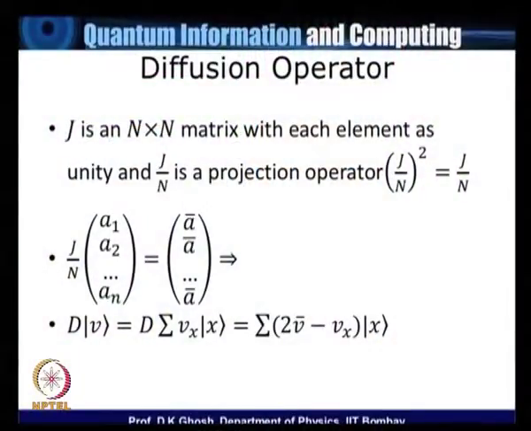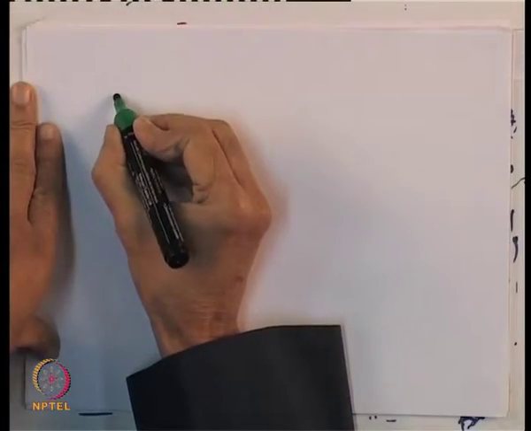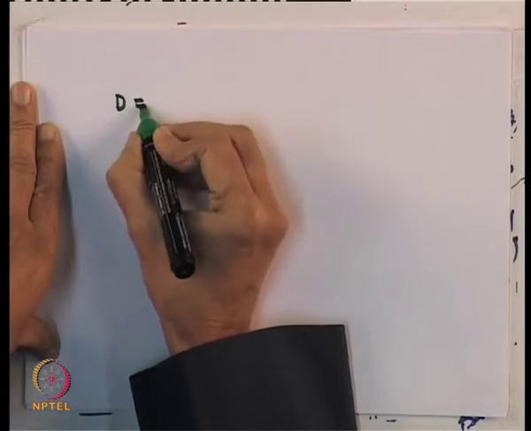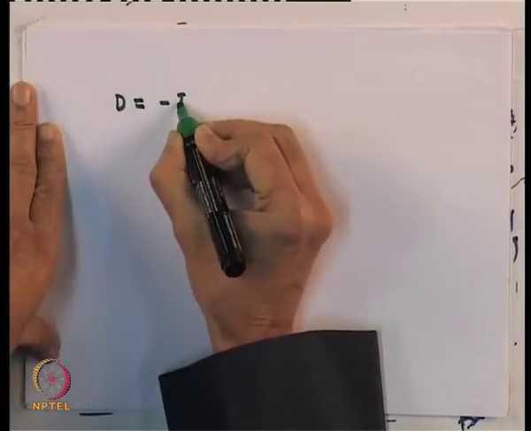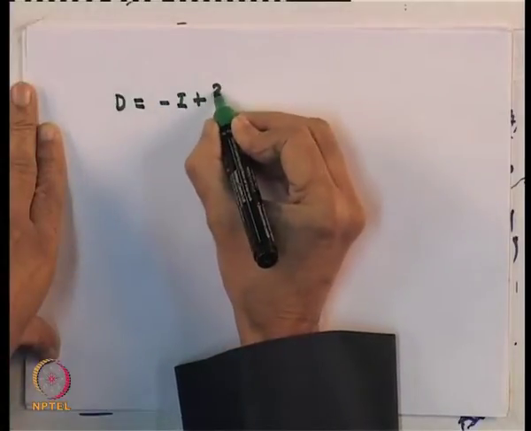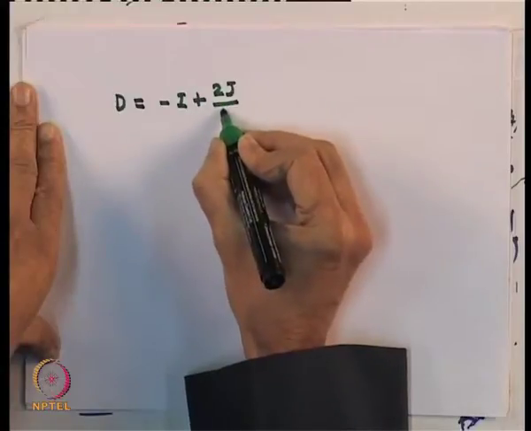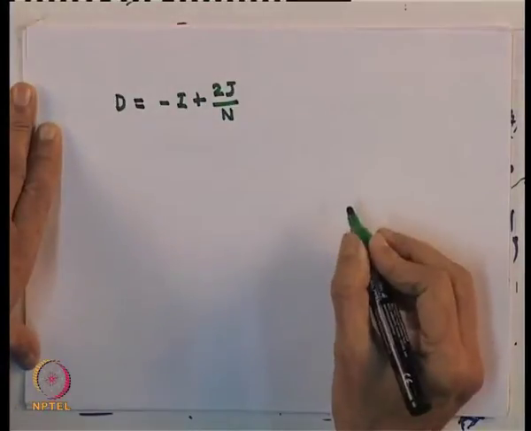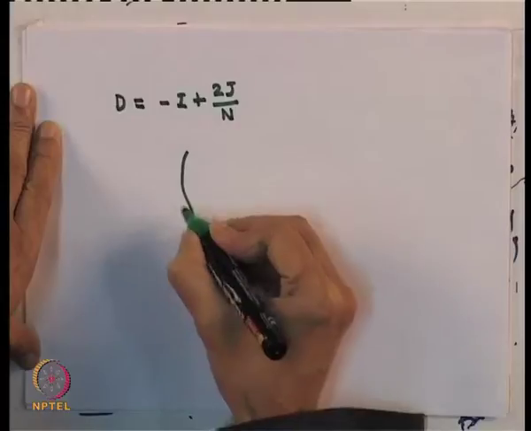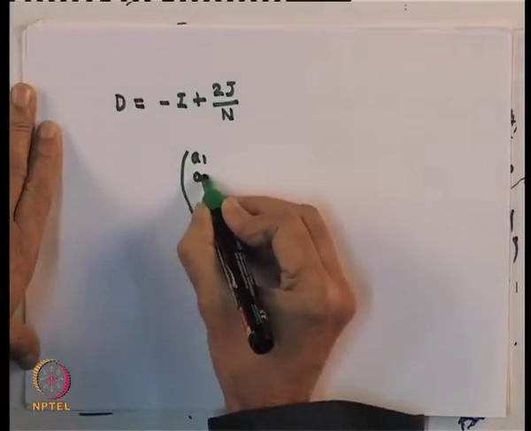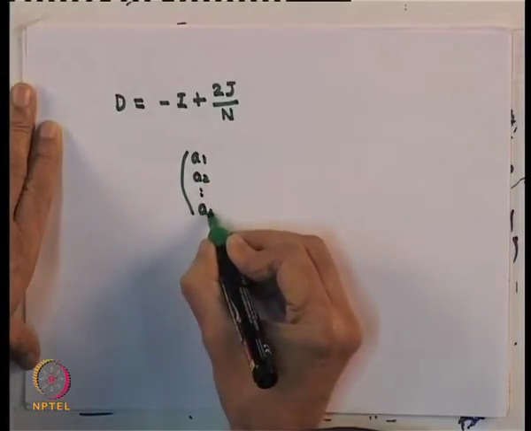Now let us look at why this D is of use to us. So first thing that you realize is the following. Notice my D is minus I plus 2J over n. So when it acts on the state A1, A2 up to An, what will I get?